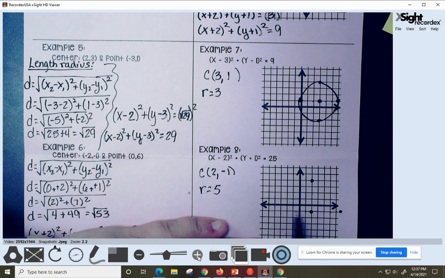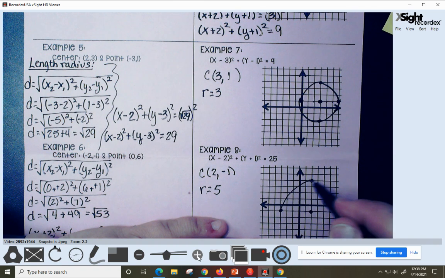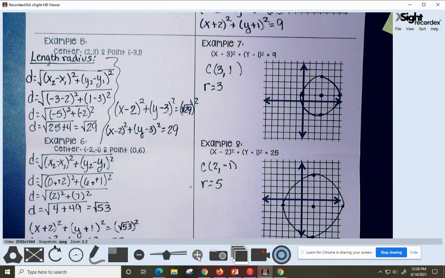Then connect those to make a quick little circle. And that will take care of the graphing.